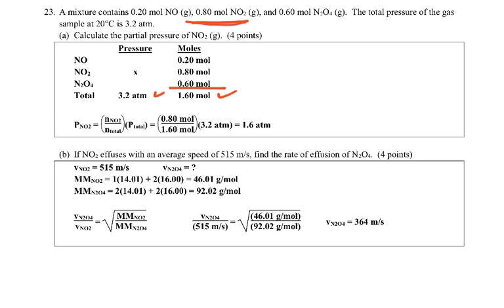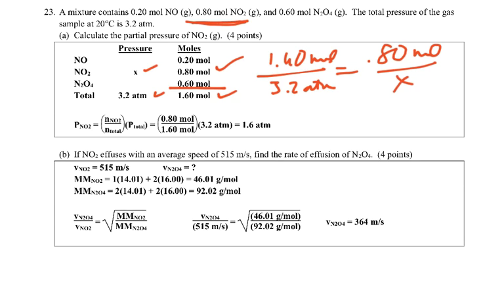So if 1.6 moles will exert 3.2 atmospheres, then we want to know, how much will 0.8 moles, because we're doing the NO2, how much will that exert? So we can see that that's going to be very proportional. So we can say that 1.6 moles exerts 3.2 atmospheres, so 0.8 moles exerts X. And we can solve for X, and we get 1.6 atmospheres.